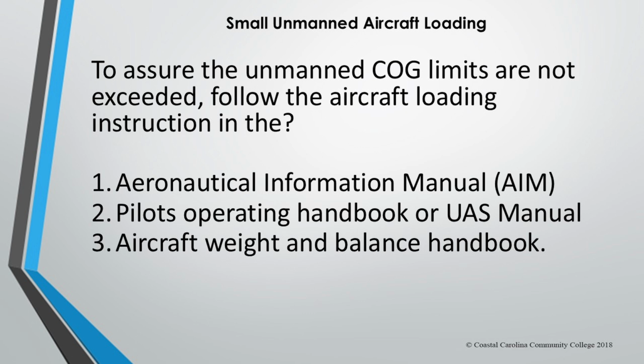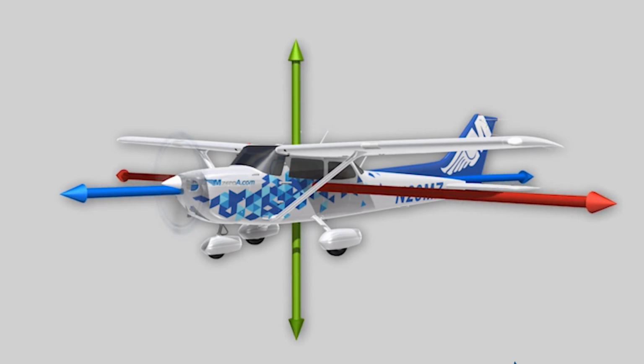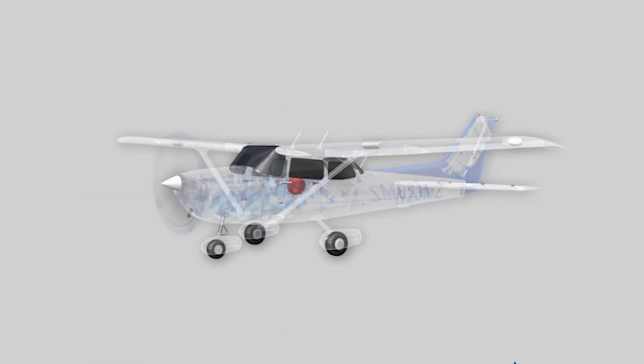Well, the UAS manual is your best source if it contains information on load and center of gravity. Now, I want you to remember that the center of gravity is the point at which the aircraft will balance. It's what the aircraft literally moves around. It's that center of gravity there.